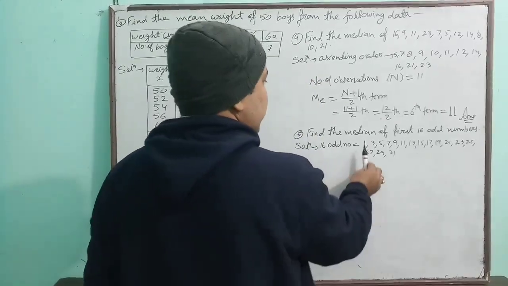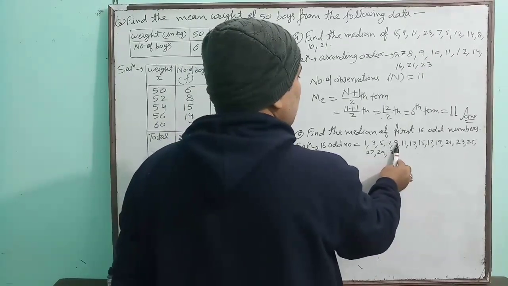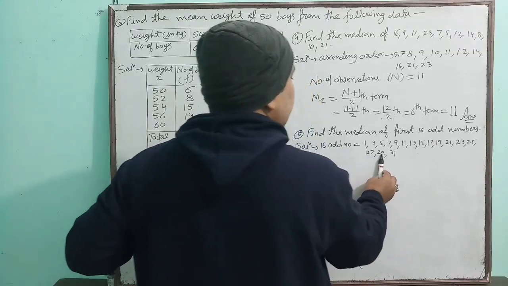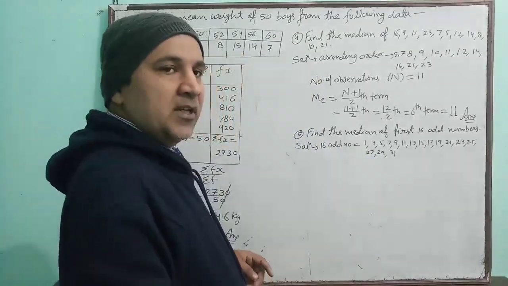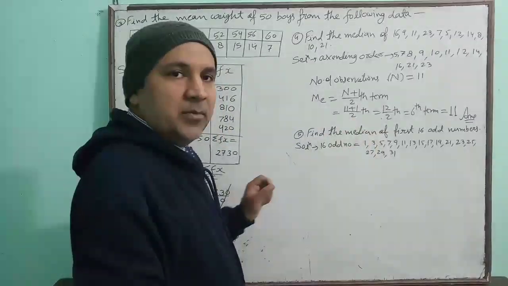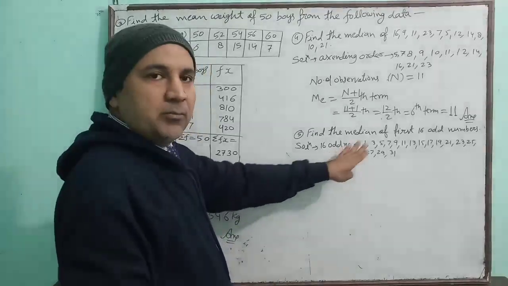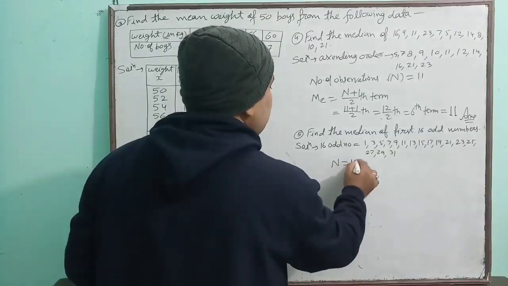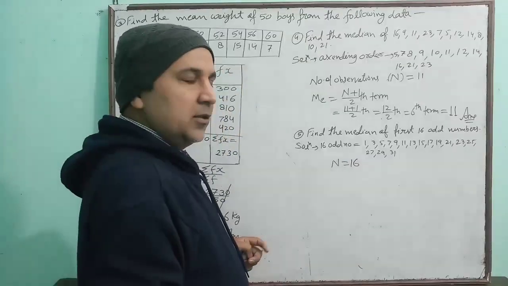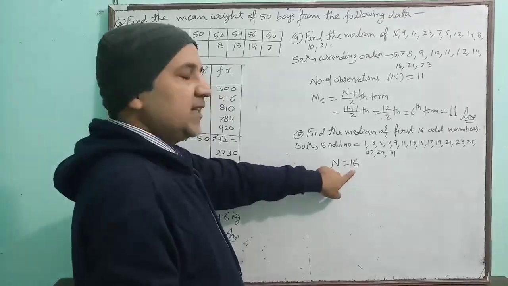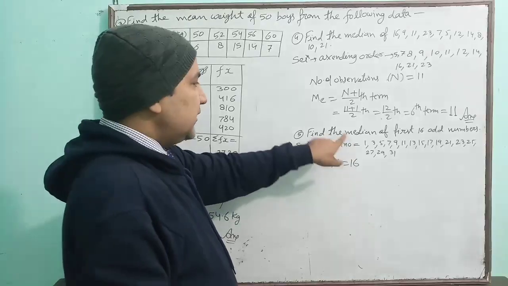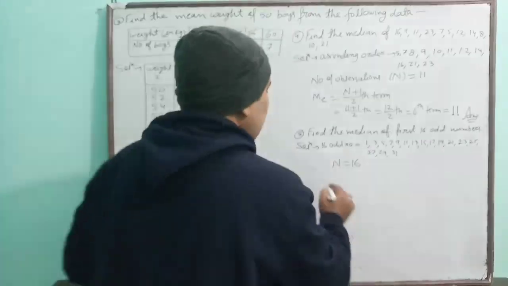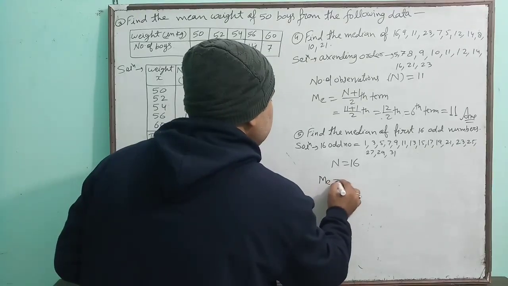I hope this is 16. 1, 2, 3, 4, 5, 6, 7, 8, 9, 10, 11, 12, 13, 14, 15, 16. You have written all the odd numbers. Now what is the number of observations here? This is 16. Because I am counting, we are watching that these are 16. And it is given in the question also. 16 odd numbers. So what will be the median for it? See this one.